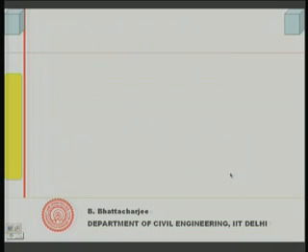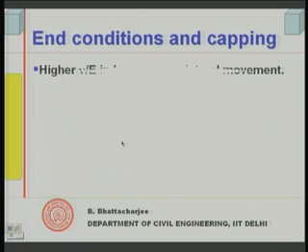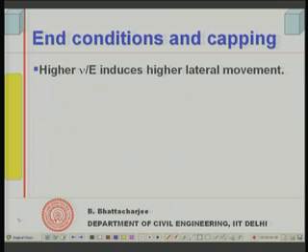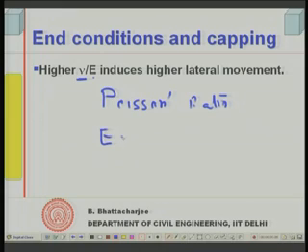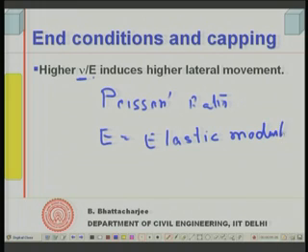Right. Now, what happens? This depends upon nu by E. What is nu? Nu is the Poisson's ratio, and E is elastic modulus. So, Poisson's ratio and elastic modulus. Now, what does it mean?